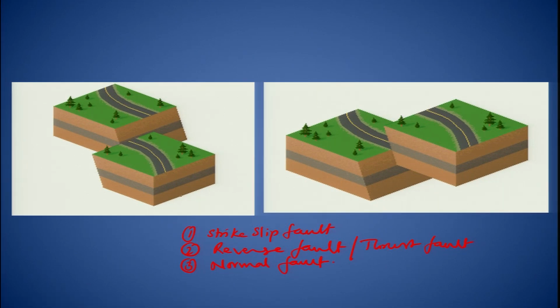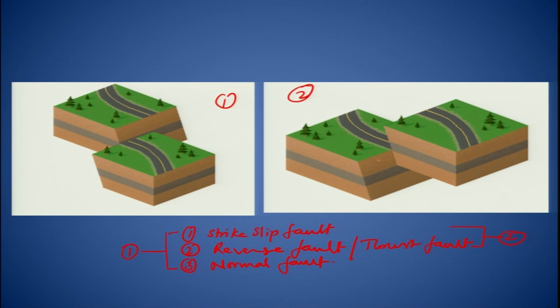Now in these two figures, 1 and 2, what you are able to see is a combination. This is your 1, and the second one is the combination of the strike slip and reverse fault. So the block has moved along the strike as well as along the depth.